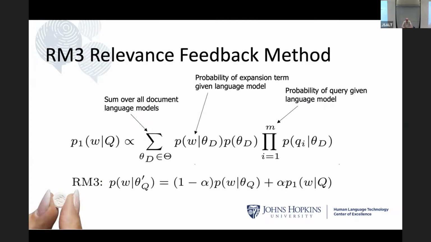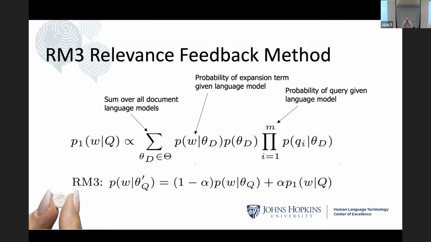The other is called RM3. And in RM3, it's a language model approach. You imagine all your possible language models from the documents, and you sum over them. And for each one, you calculate the probability that the word would have been generated by that language model. There's a prior in the language model, but I think that's usually just taken as uniform.